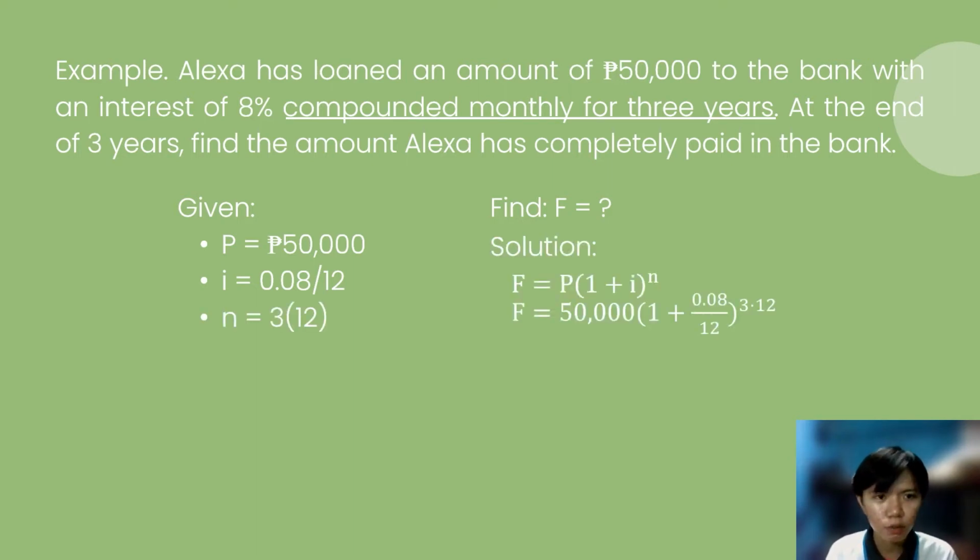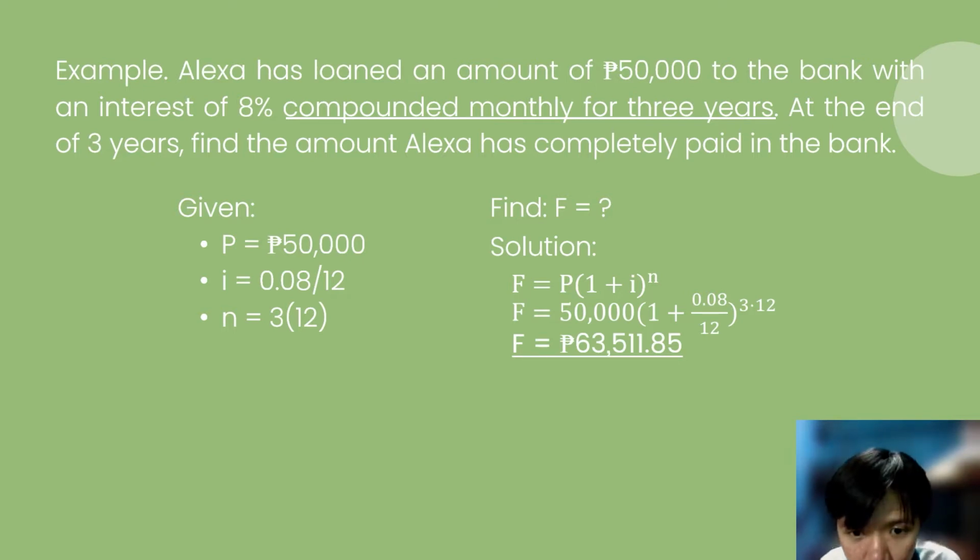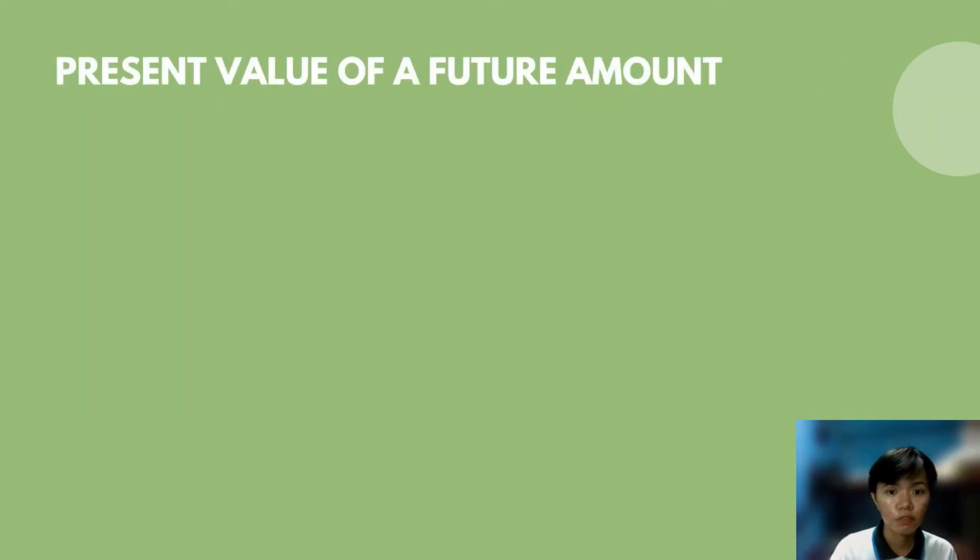And then substitute all the values in the equation and compute for the value of F. And we got 63,511.85 pesos. So at the end of 3 years, Alexa paid the bank 63,511.85 pesos.